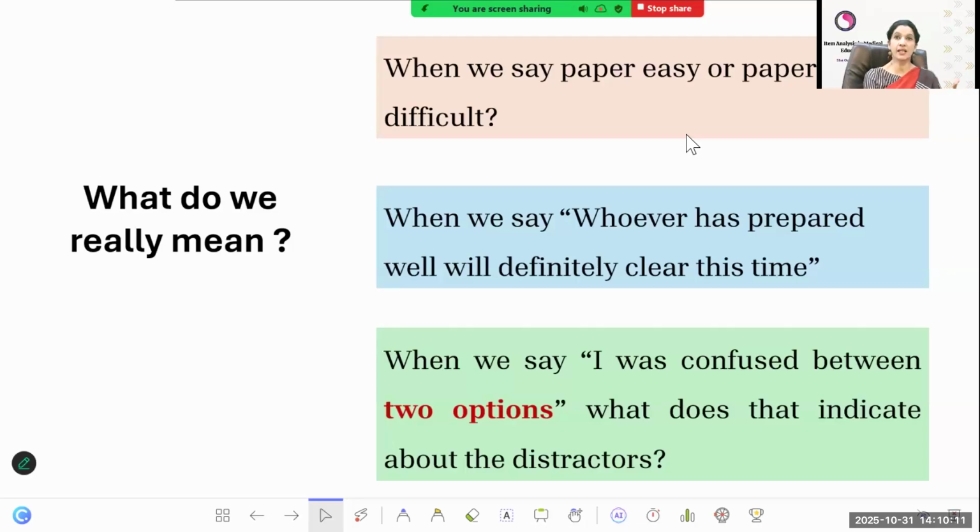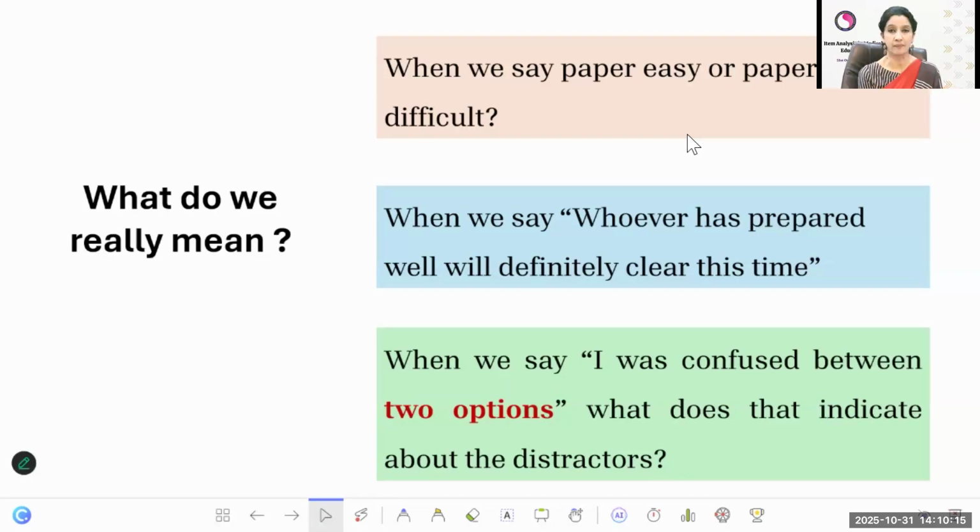The second, whosoever has prepared well will definitely clear this time, means the question has the ability to differentiate between a well prepared student and an ill prepared student. This is known as the discrimination index. So the first is the difficulty index, the second is the discrimination index, and the third, if you have heard someone say I was confused between two options, that is the distractor analysis.